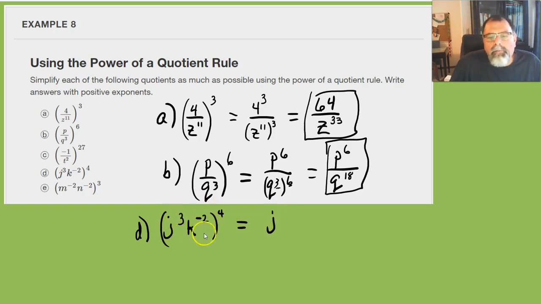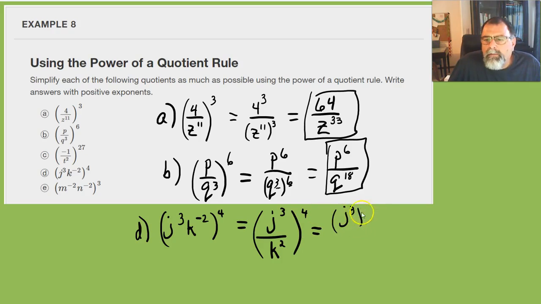You can simplify using the negative exponent rule and move this to the bottom, and then you can use the quotient rule. So quotient rule has that distributed feel. So it would be the numerator to the fourth power, denominator to the fourth power.